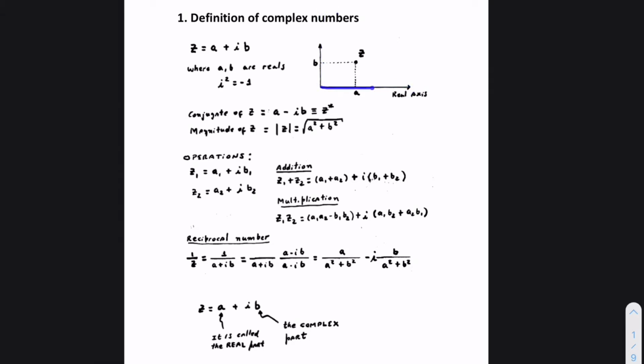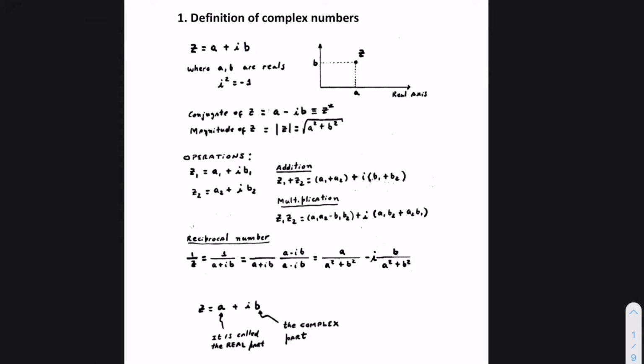Along the real axis, we plot the real part of the complex number, which is the term that does not contain i, which is a. And along the imaginary axis, we plot the imaginary portion of the complex number, which is simply b here.